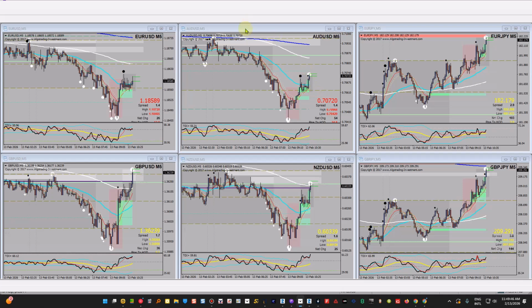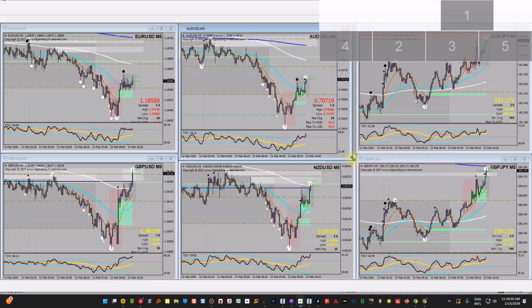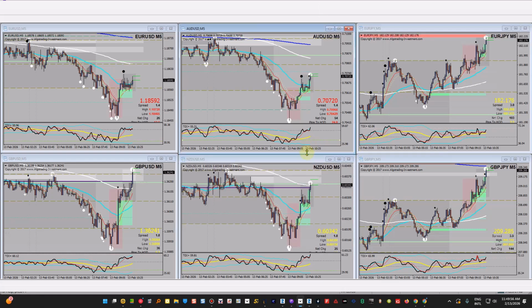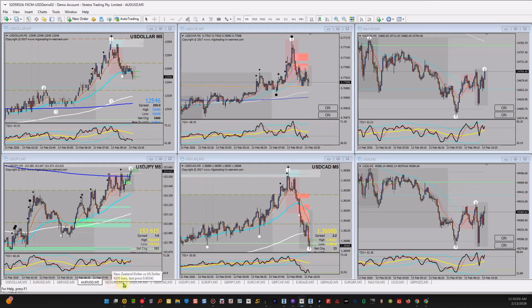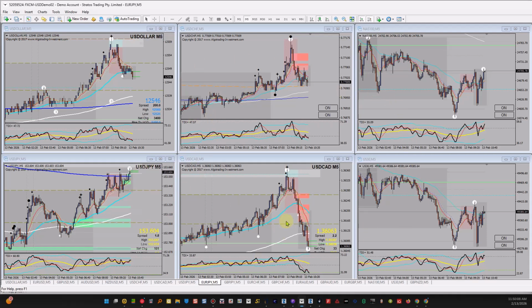You can have one large M5 chart visible on your screen if you're only using one monitor, and you would just switch between M5, M5, M5, and it will all be one large M5 chart. So this setup is for multiple screens.